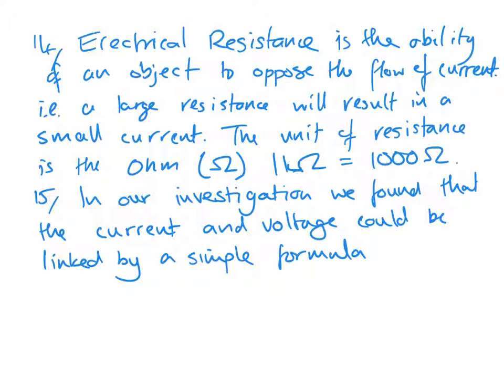So for one of the resistors we found it was V equals I times 0.1. For the other one we found it was V equals I times 0.15. Or in more general terms, we can now write V is equal to I times R. So we call that number R for resistance.